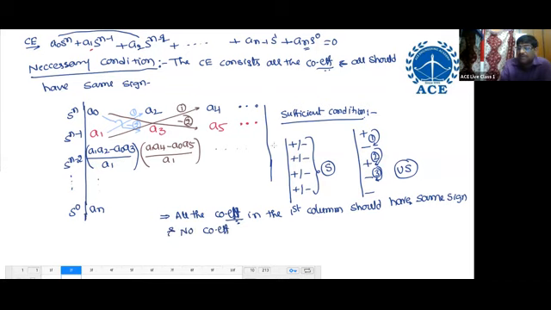So there should not be any missing coefficient in the first column. No coefficient should be 0 in the first column.